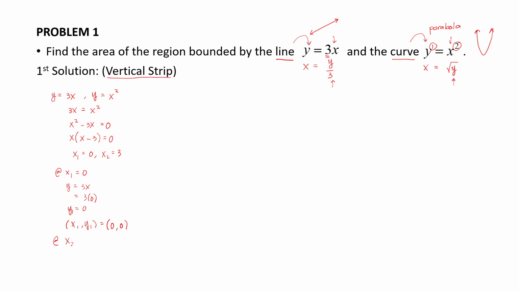Next, at x2 equals 3, same equation, 3 times 3, so y2 is equal to 9. Our second point of intersection is at (3, 9).